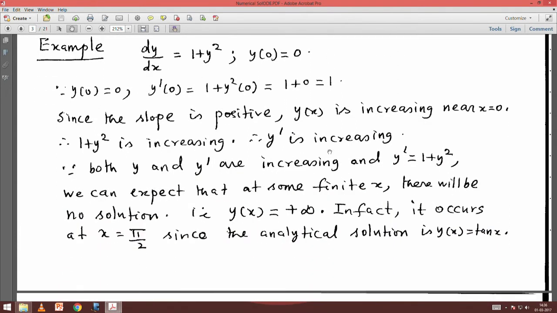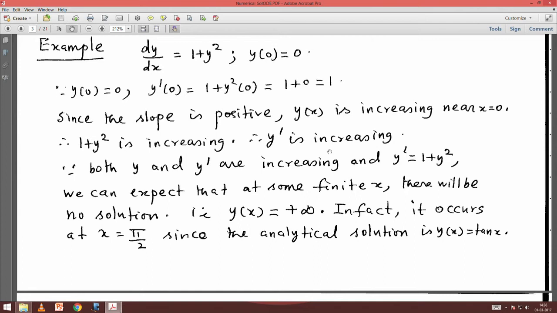Consider this initial value problem: dy by dx is equal to 1 plus y square, y of 0 is 0. So, y of 0 is 0, that is the initial condition. Look at the function f of x comma y. What is it? It is 1 plus y square. So, y prime at 0 is 1 plus y square at 0, which is 1 plus 0, which is 1.